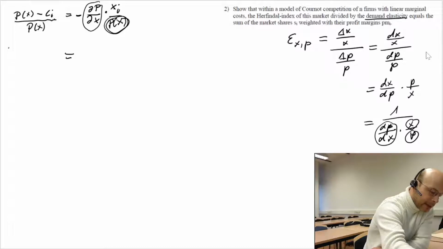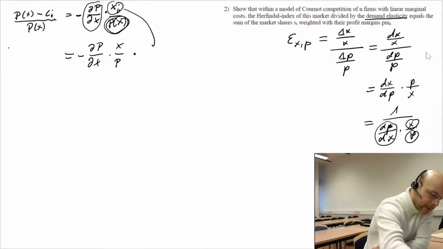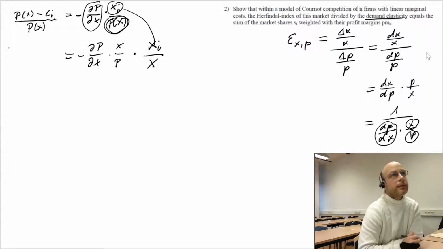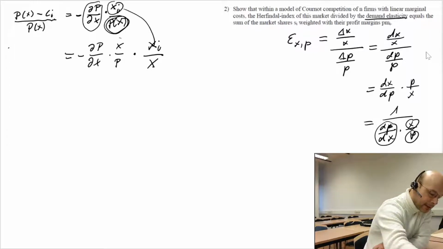So we write here minus dp over dx times x over, times, now we still have the xi over the total quantity in the market. And then you see that this one here is minus 1 over the demand elasticity.